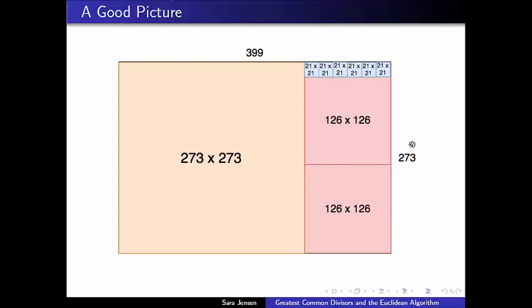What I could do to figure out how this is working, to visualize the quotient remainder theorem, I'm taking 399 and writing it as one copy of 273. I could use this one big 273 by 273 tile, and it would take up this much space of the 399, but there would be some room left over.